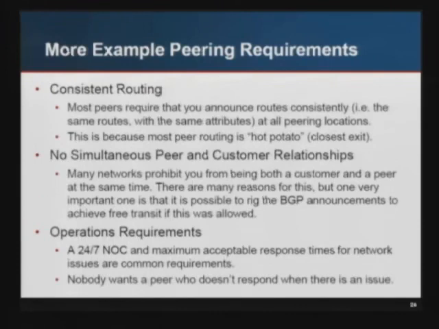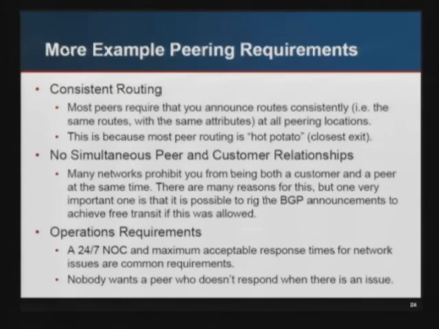Major peering requirements, consistent routing is pretty universal. There's some networks that don't require it, but most do. And what this means is that they want you to announce the same routes with the same attributes across all locations. And they do this because routing between peers is typically done as hot potato. That means you take the closest exit. You want to get this traffic off your network as quickly as possible.